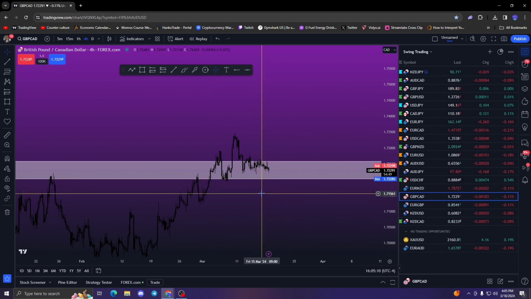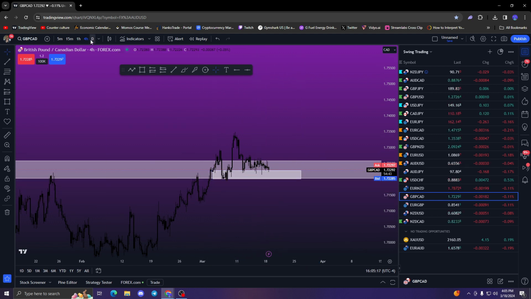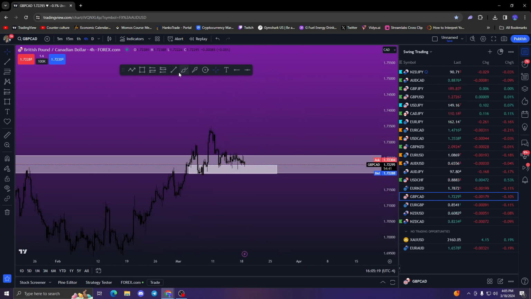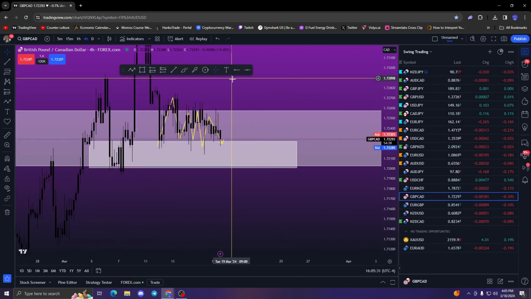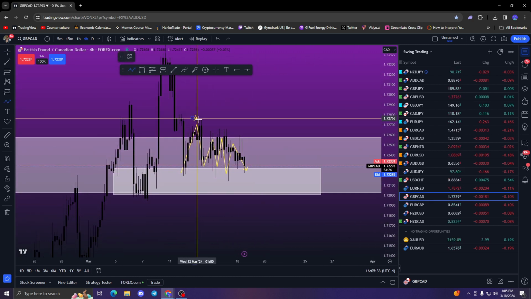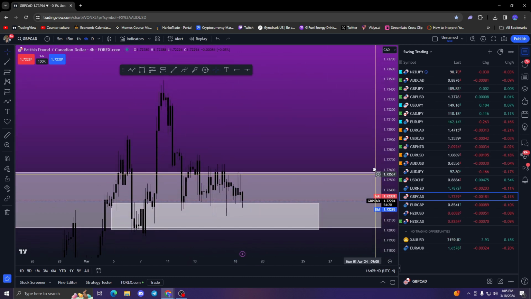The only thing I don't like is that, yes, we have this support zone here from the daily, and price has already tried to bounce once, twice, three, four times, and it's just sitting at the support zone. Not only that, but it's making bearish market structure on the lower time frames as well. So that's not really looking too good for buys currently, at least from the 4-hour.